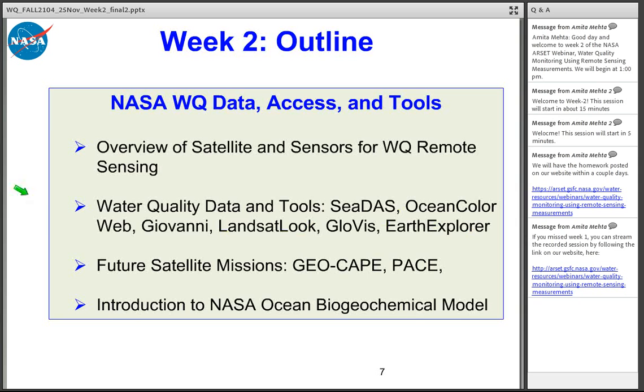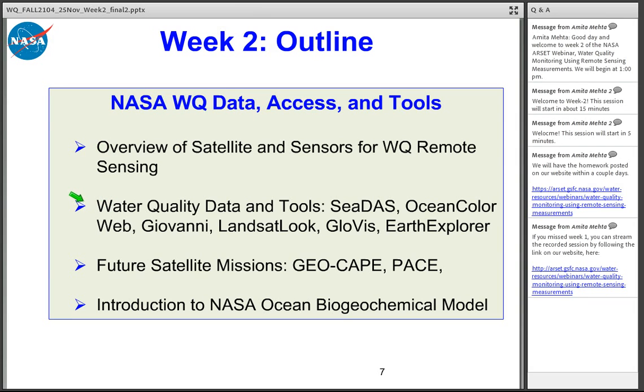So this brings us to the week 2 outline. As we mentioned earlier, this is going to be an overview of data, access, and tools. So we'll start with an overview of satellites and sensors that NASA has for remote sensing monitoring. We introduced these last week. We're going to go much deeper today, talking about attributes of satellites and sensors.